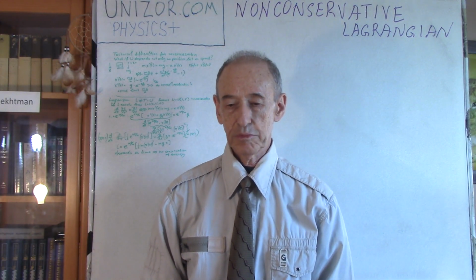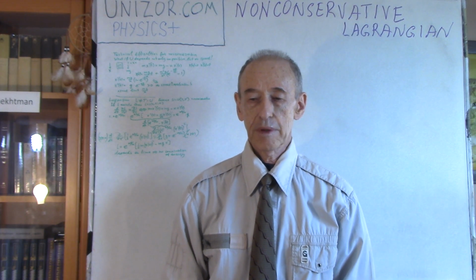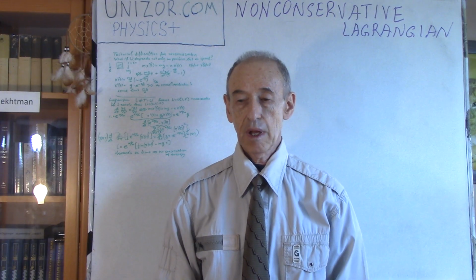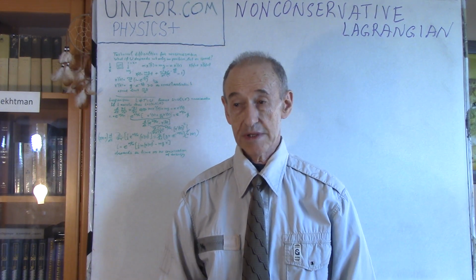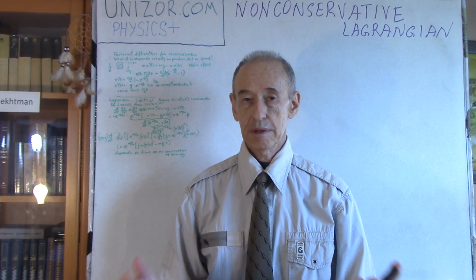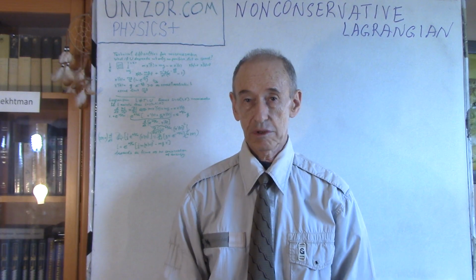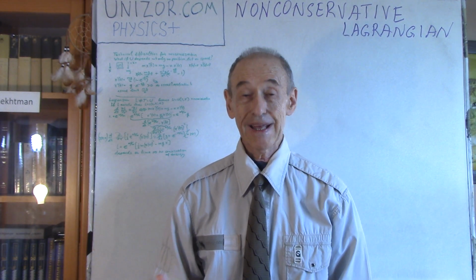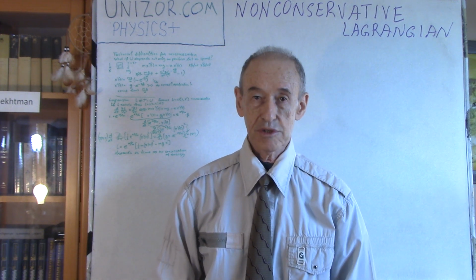I have decided to put a little bit more information into the Lagrangian chapter, especially for non-conservative systems. Before, we were talking only about conservative systems, like, for example, an object moving in the gravitational field. Well, the gravitational field is a potential field. It has a function which is called potential, and the force depends on the position.